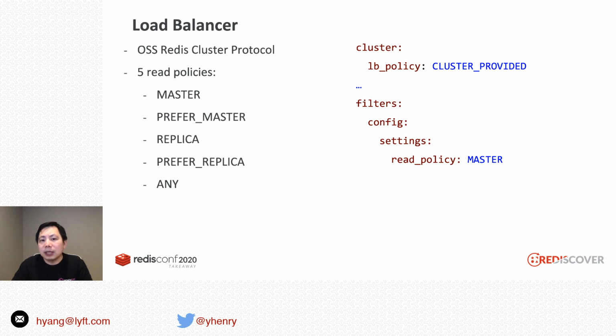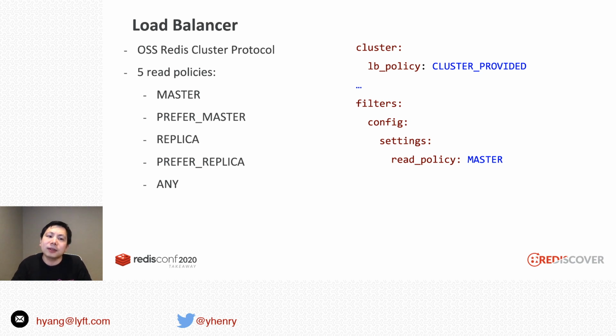But what about read? Read is a little bit more interesting. For strongly consistent read, we want to send all of the read commands to the master node, because if we send it to the replica, it might be delayed because of replication delay. However, in practice, we often want to use the preferred master node.